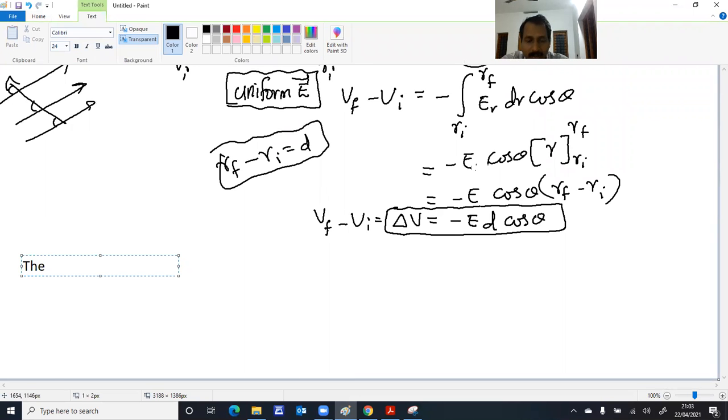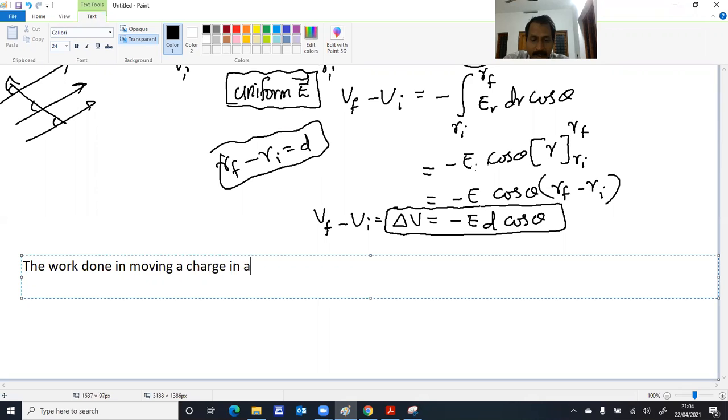The work done in moving a charge in an electric field is independent of the path.